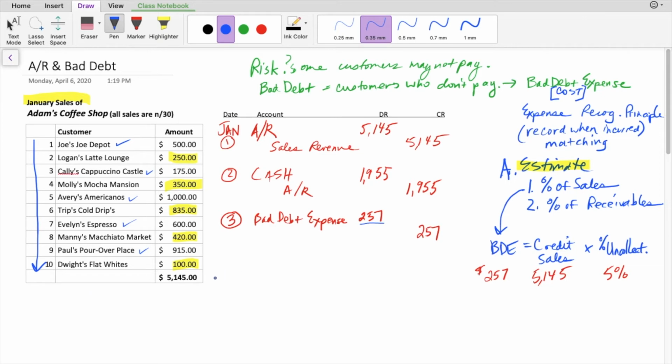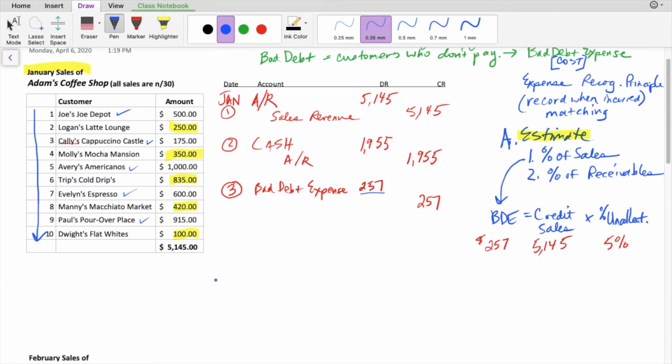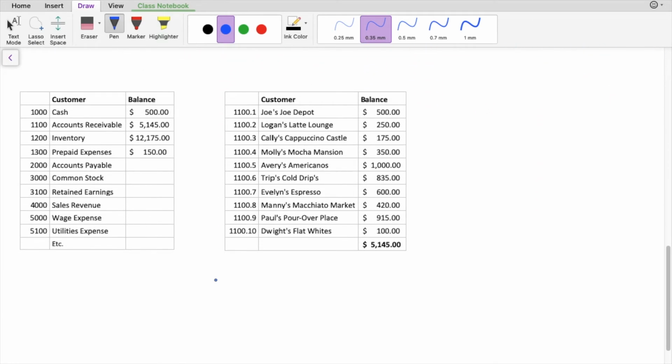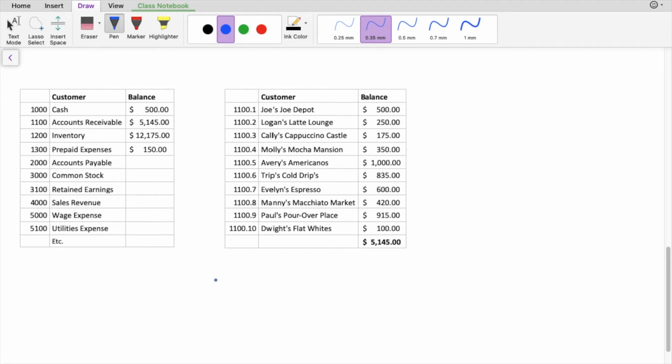And it creates a problem because of something that we haven't really discussed. And that isn't discussed very much in introductory accounting textbooks either. So we're going to scroll down here and do a little bit of a side illustration. Here we have what would be considered a chart of accounts.